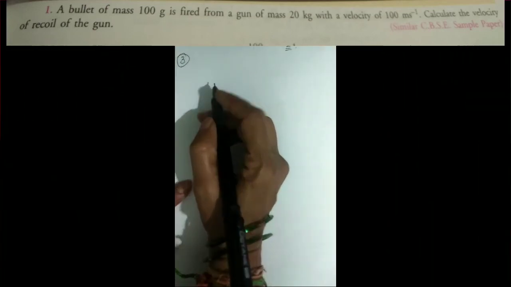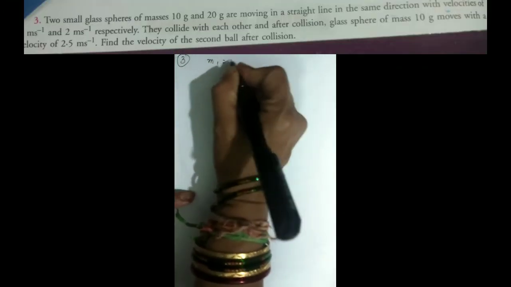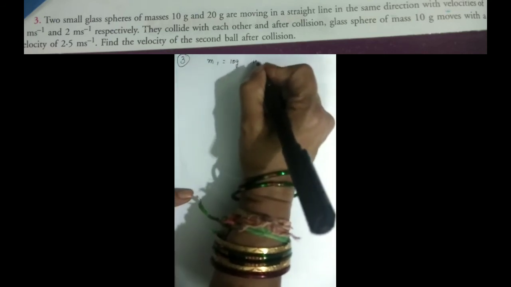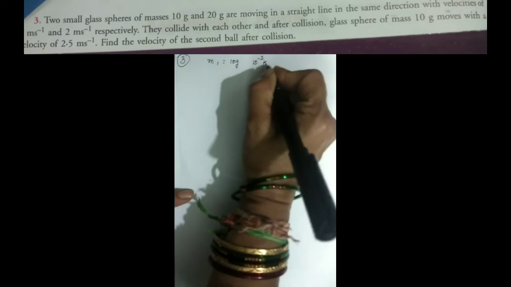The next problem, what are all the given values? Small m1 is equal to 10 grams, that is equal to 10 to the power of minus 2 kg.